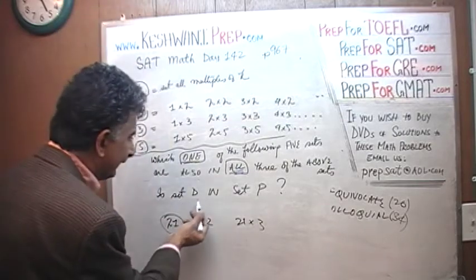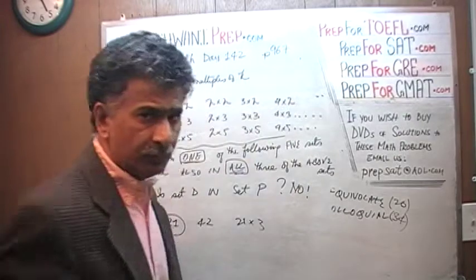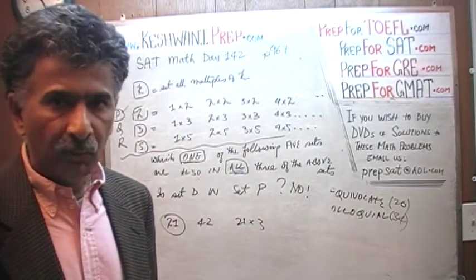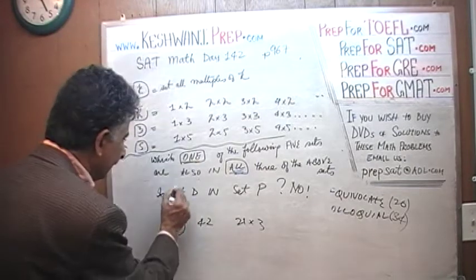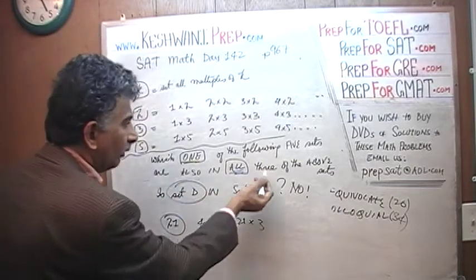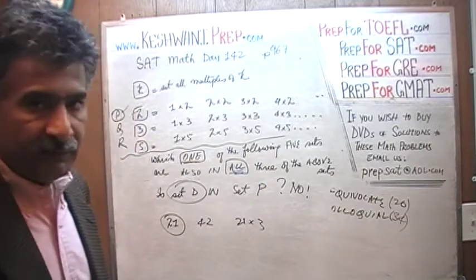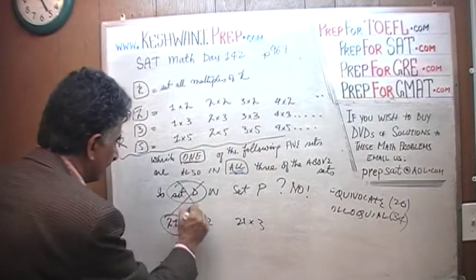So, is set D in set P? The answer is no. We don't have to worry about set Q and set R as long as it's not in one of those 3 sets, because a given set D has to be in all of the 3 sets. It has to be in set P, set Q and set R. As long as it's not in one of those 3 sets, we don't have to do the rest of the work. The answer is no. The answer is not D.